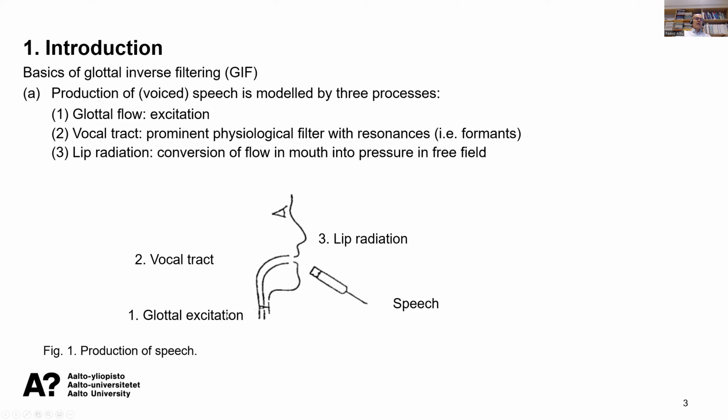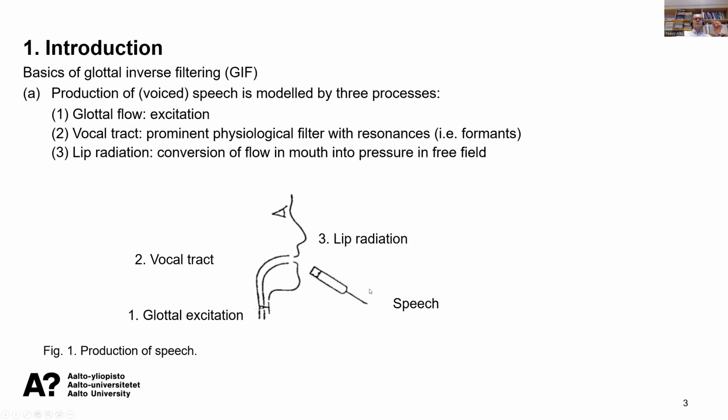So we have the excitation, which is the flow of air through the vibrating vocal folds. We have a filter, which is a very strong physiological filter called the vocal tract. And the third process is called lip radiation, which corresponds to conversion from the flow at the lips into the pressure signal, which is captured by the microphone.